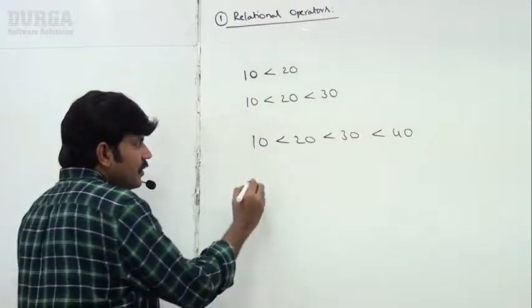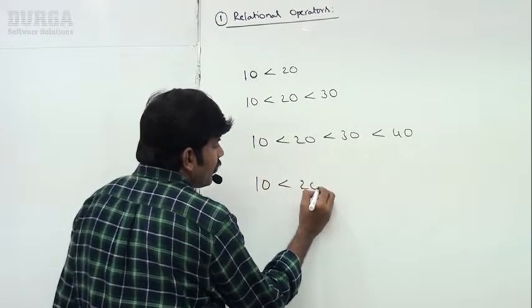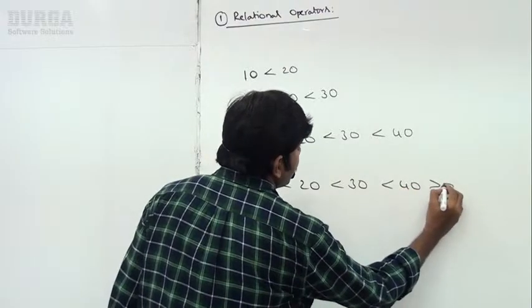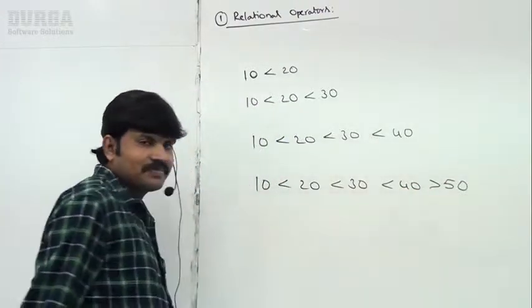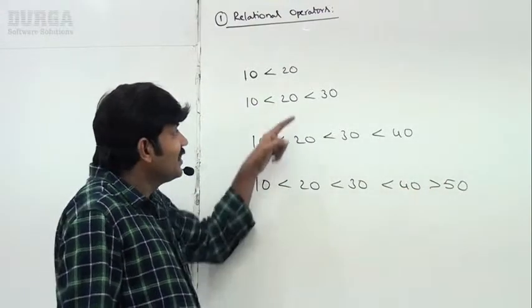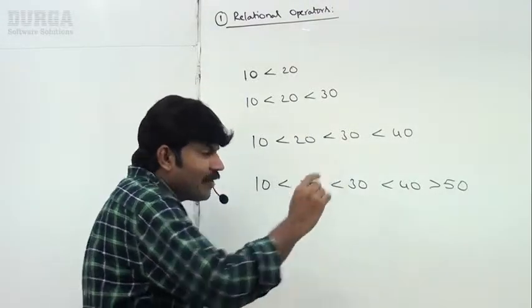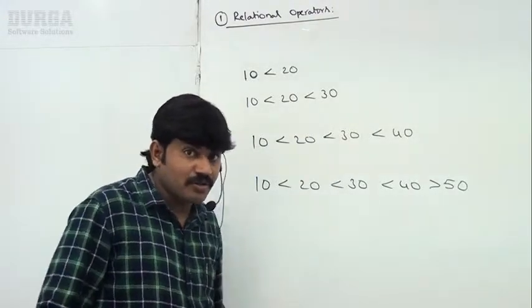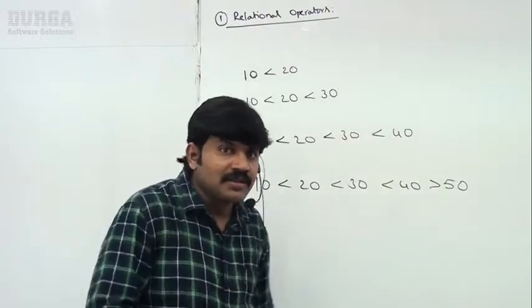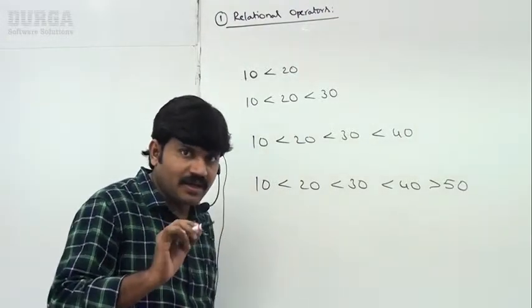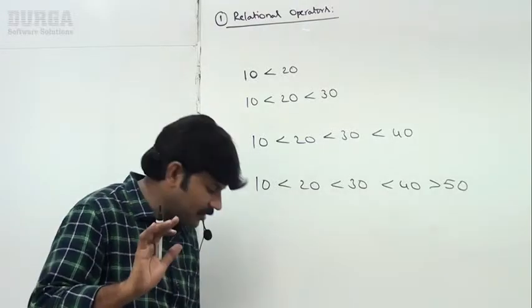What is the answer? 10 less than 20 less than 30 less than 40 greater than 50. Have you observed? We are using chaining of relational operators. We can use relational operators together. This concept is called relational operators chaining.